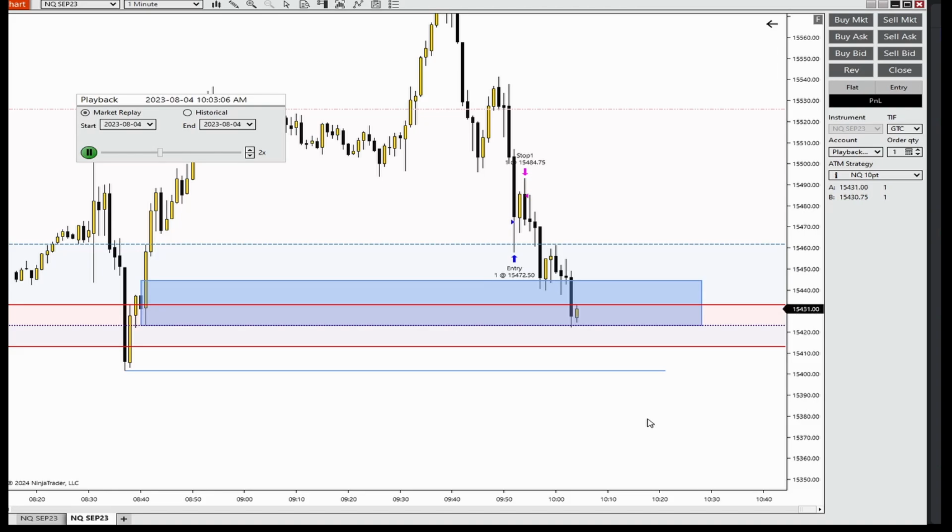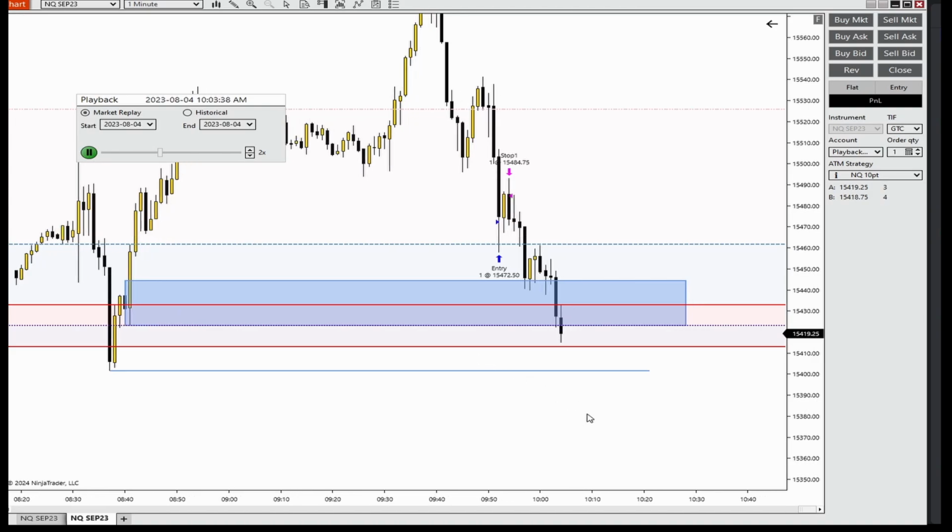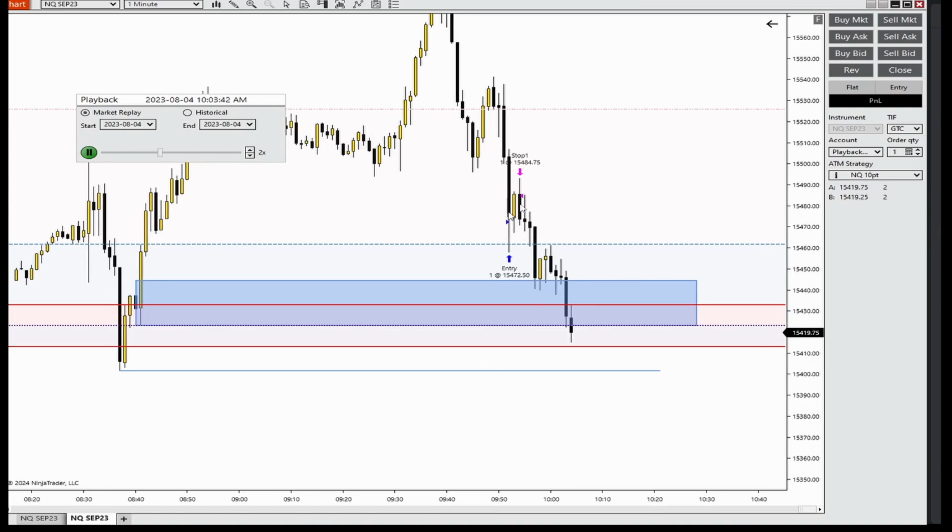And your guys' job in this backtesting is to determine what that looks like for you. Right? I'll explain what it looks like for me, which is sustained buying pressure and the inability to go lower. We have no inability to go lower in here. Here was your retest of this area.